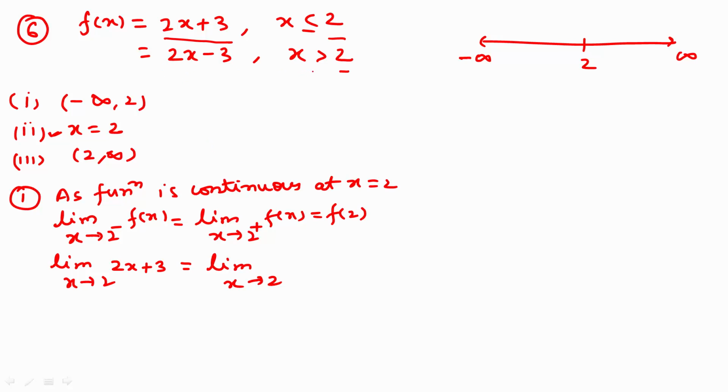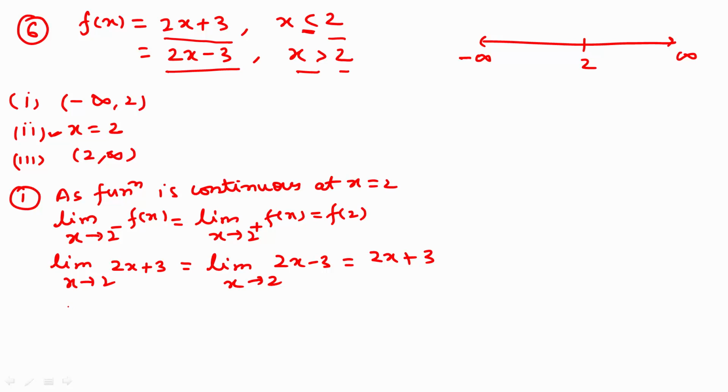When the value of x is greater than 2, we will take this function 2x minus 3, and f of 2 means at x is equal to 2. When the value of x is equal to 2, we will take again this function 2x plus 3.